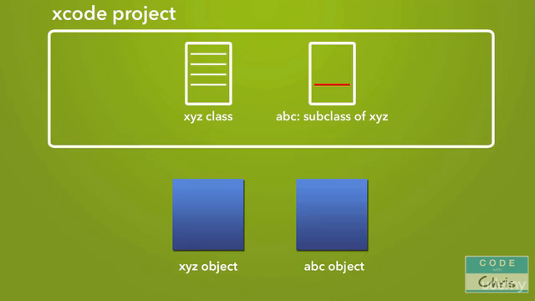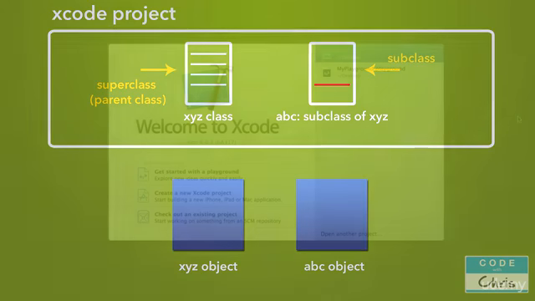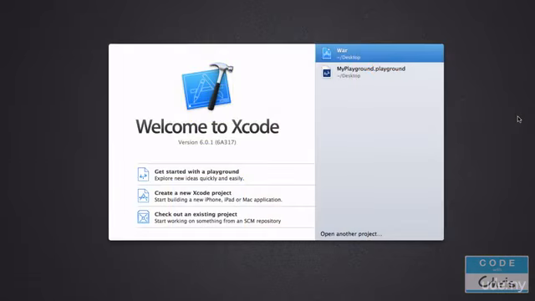Instead, we can just write code to represent the difference in the second class. In this relationship, this is the subclass, and this is the superclass, although sometimes I refer to the superclass as the parent class. Now let's go back to our playground and see what a subclass looks like.